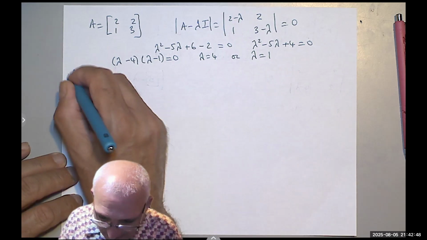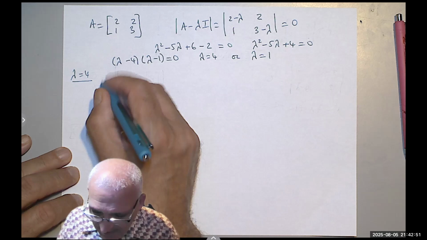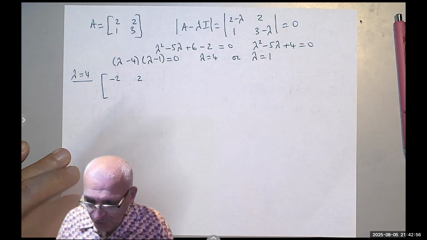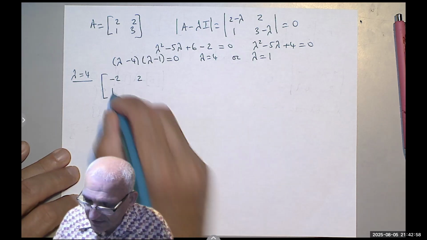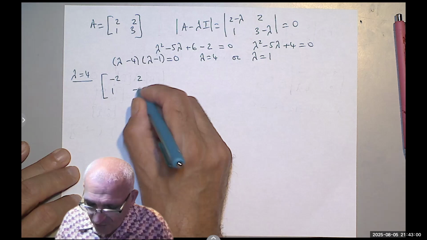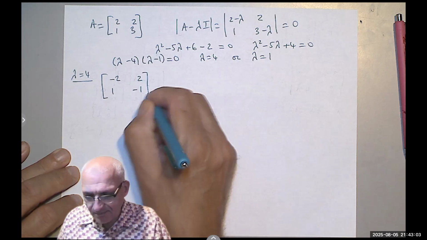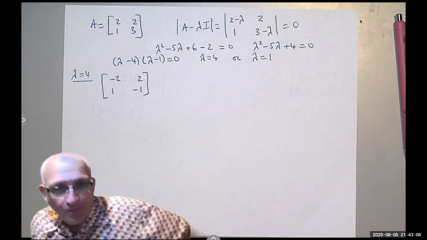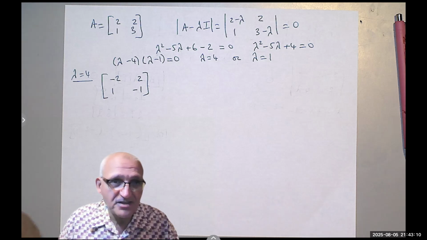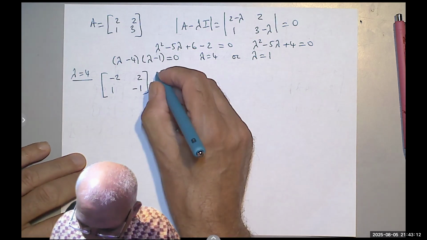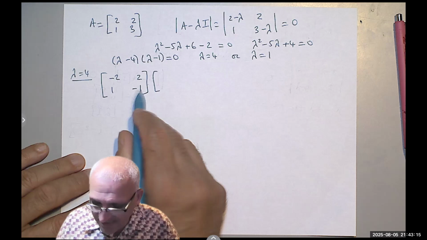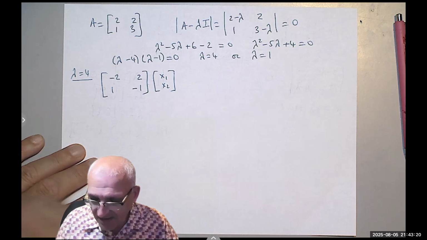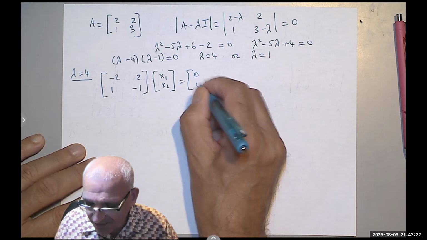So for lambda equals 4, I will get a matrix that is 2 minus 4, -2 and 2, and then 1 and 3 minus 4 is -1. Do you see that the two rows are like copies, not copies, but multiples of each other? We want to solve this equation that when I multiply that by x1, x2, for example, let's call them that, I get 0, 0.